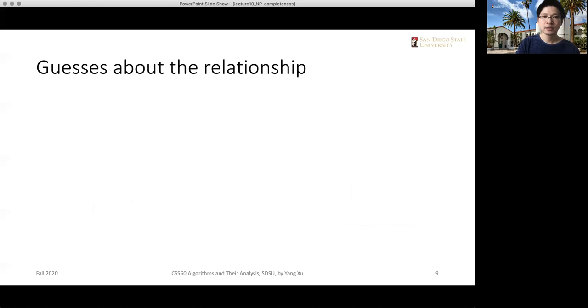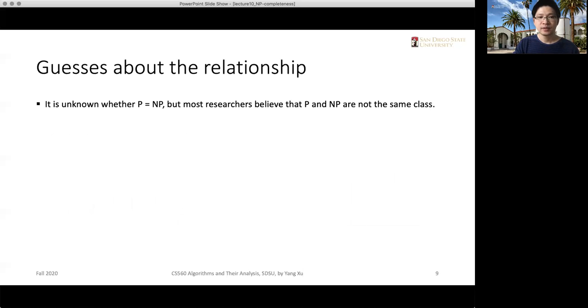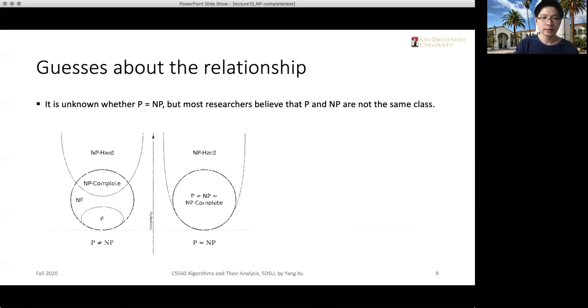Okay, so if we want to visualize some guesses, most people would believe that NP and P are different classes of problems. So if P doesn't equal NP, there's some space that is in NP but not in P, and that is called the NP-complete region.